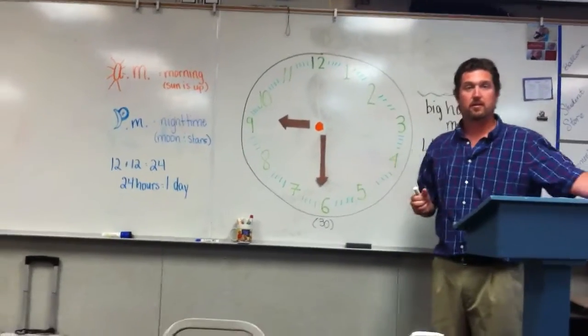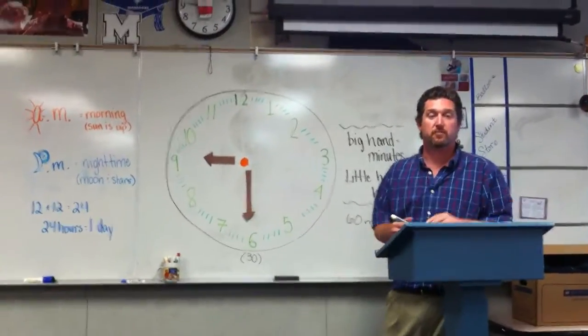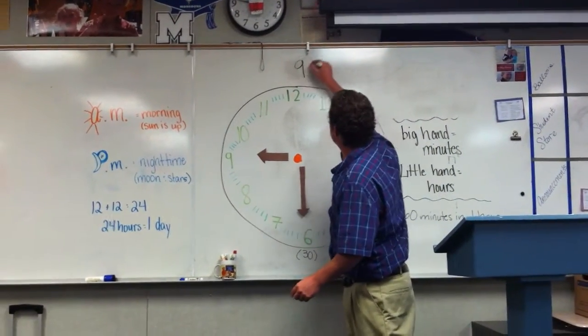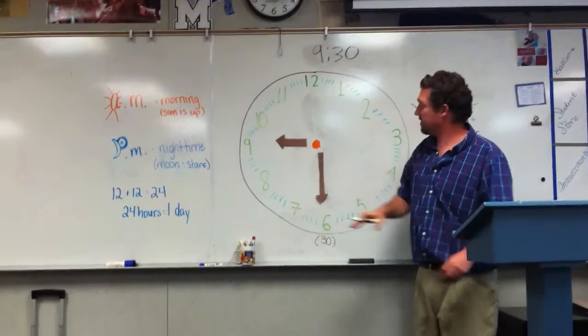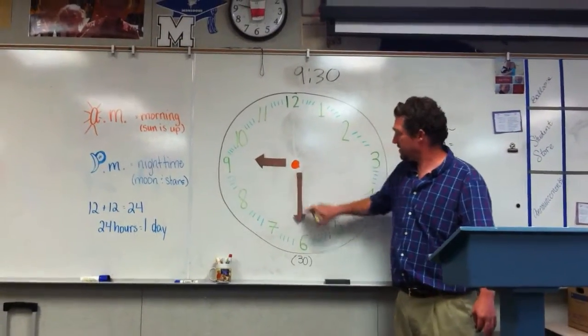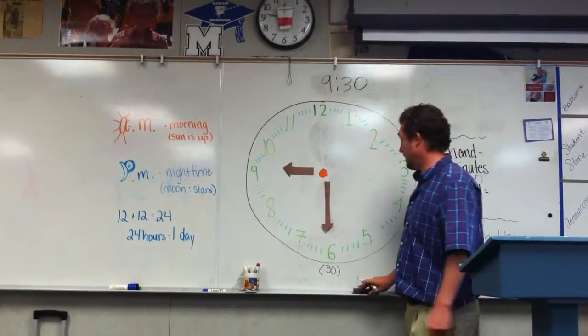Question number 3. Morgan, take a look at that one. What'd you write down, sweetie? 9:30. Very good. Everybody see where she got that from? 9, the hour hand. 6, which is 30 minutes for the minute hand.